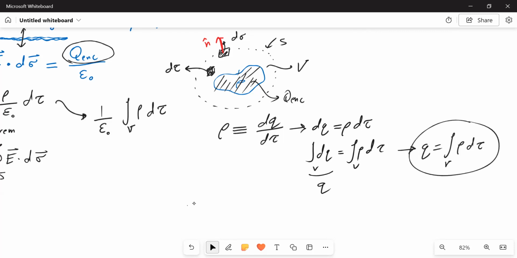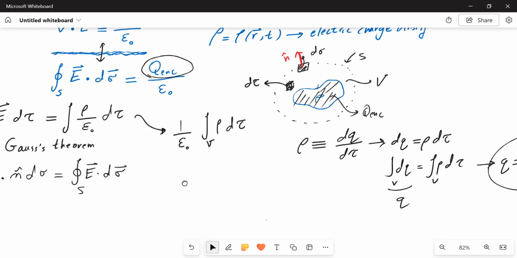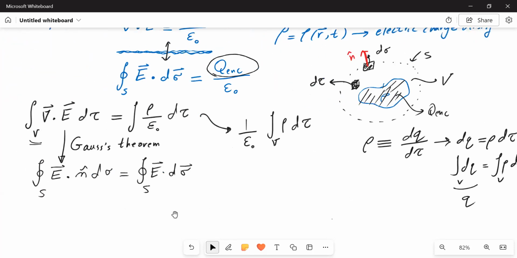Okay, so we'll keep this and apply it to this integral here. And I know that within the surface S, in other words, inside this volume, I have some amount of charge, which I would show by Q enclosed, just to indicate that the charge is completely inside the surface. So the left-hand side takes this form.